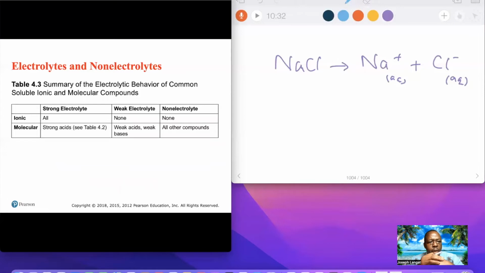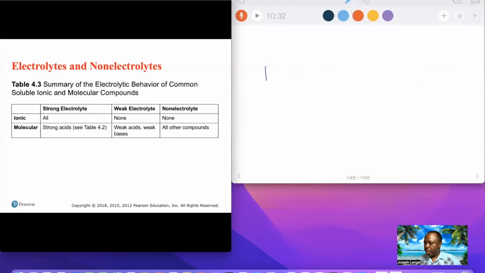Now, compounds such as sodium chloride, we consider as strong electrolytes. Please look at table 4.3, the summary of electrolytic behavior of common soluble ionic compounds and molecular compounds. When we say ionic compounds, that means you have a metal and a non-metal, and these are all electrolytes.